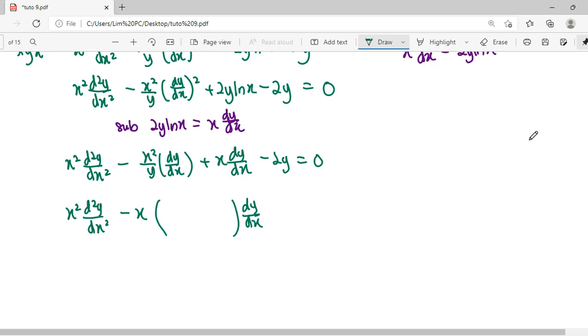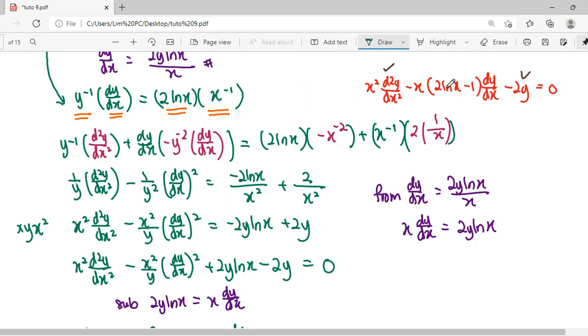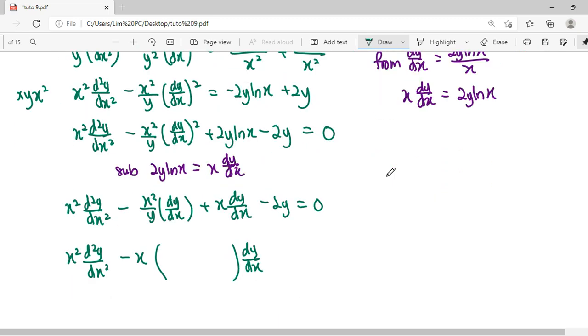So one factor according to our question, they factorize out in the front, another factor they factorize out at the back. So they are the same concept, the factorization concept. So once you take out our negative x here, we will get x over y. So this dy/dx is already factorized out.